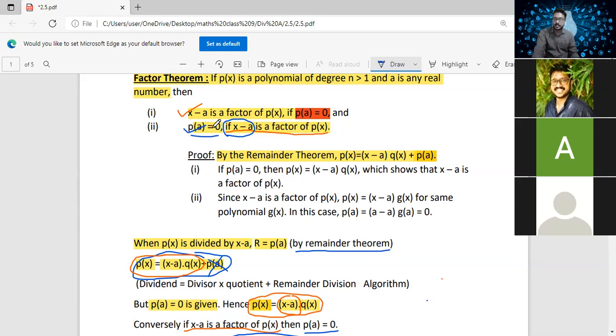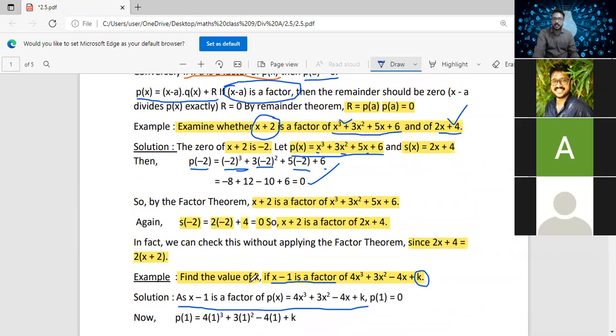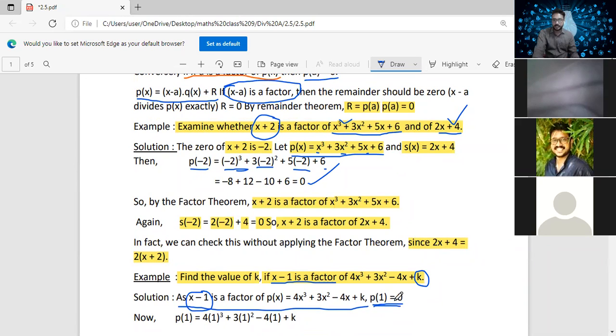Now we are given that x minus 1 is a factor of p of x, which means p of 1 should be 0 by the factor theorem.